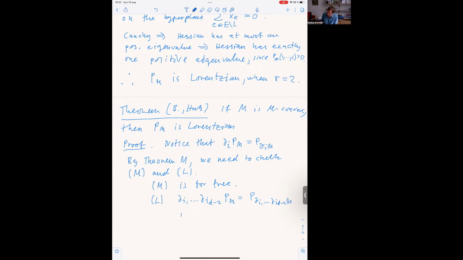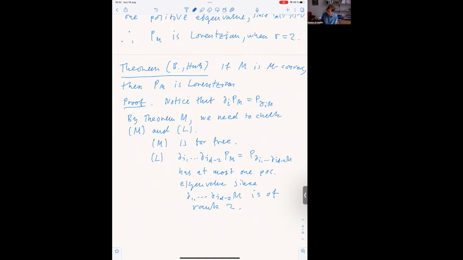So this has at most one positive eigenvalue, since this is of rank 2. And we proved it for rank 2. So we get this for free.